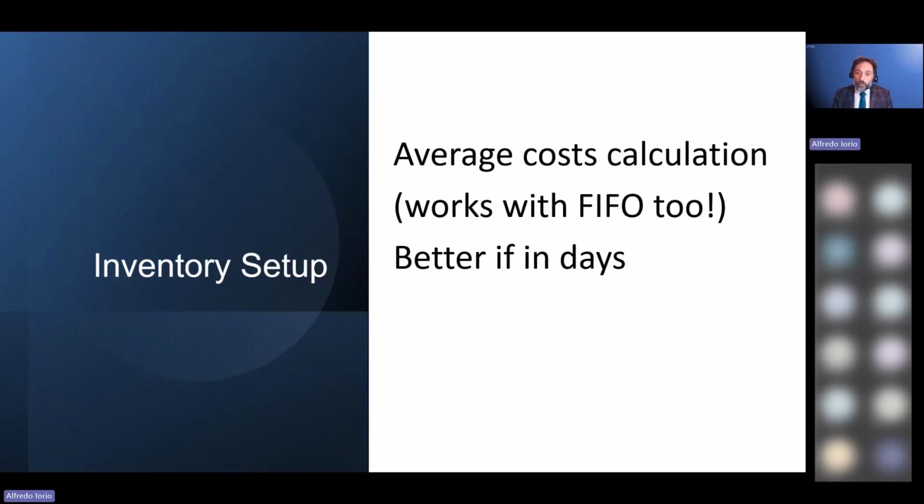Something else, average cost calculations for your inventory valuation still apply when you work with FIFO, last in, first out, of course, average, standard. Better using index because depending on where you check your inventory valuation, you might get different figures.